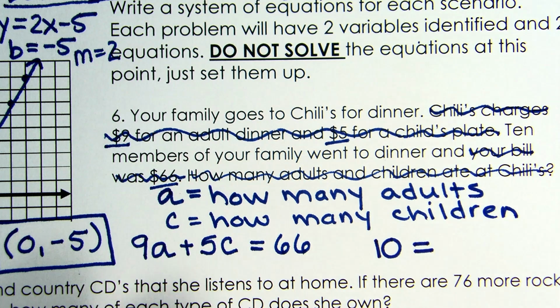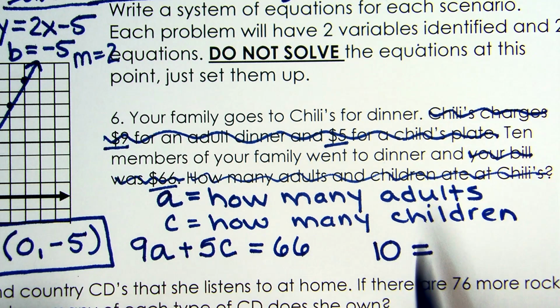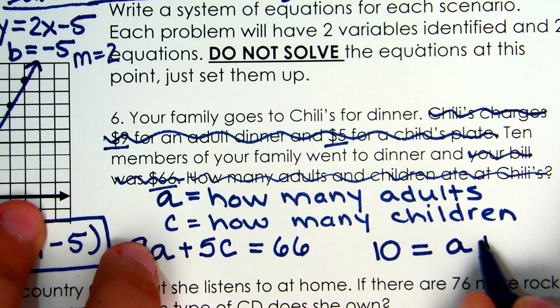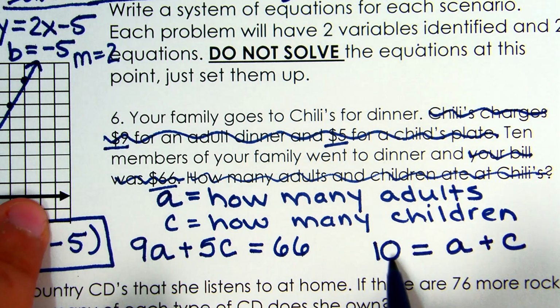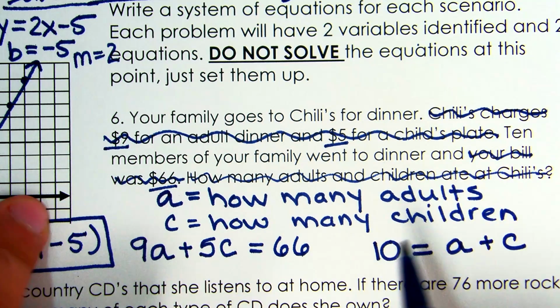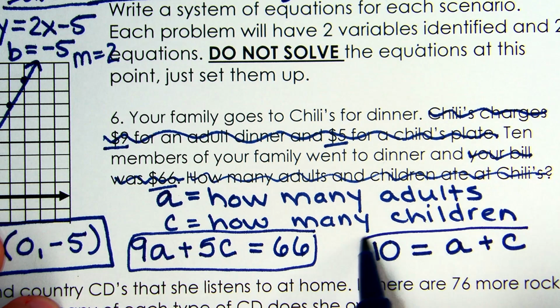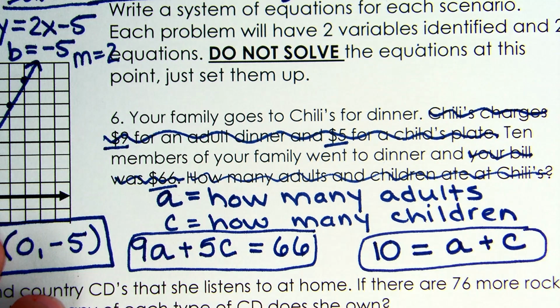Your family is made up of adults and children. So how many adults and how many children should make a total of 10 people going to dinner? And there I have my 2 equations after my 2 variables being identified.